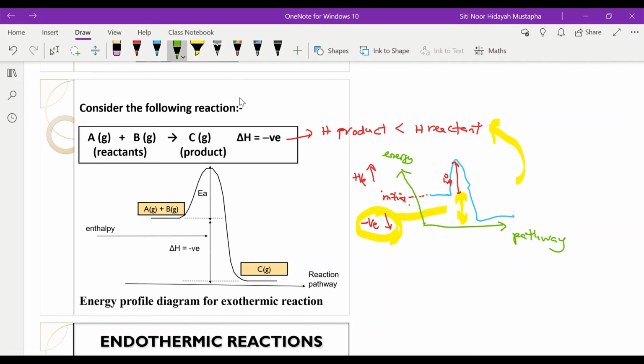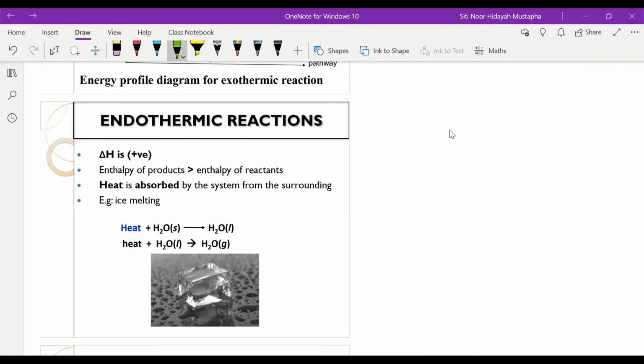Now you want to know about endothermic. In contrast to exothermic, we call it endothermic. If exothermic is releasing heat, endothermic is absorbing heat. If exothermic gives a negative enthalpy value, endothermic gives you a positive enthalpy value.